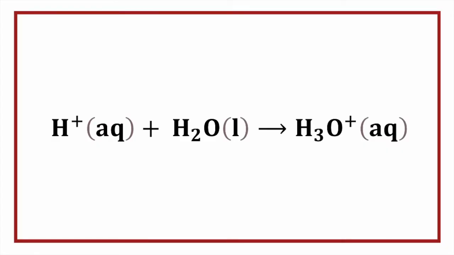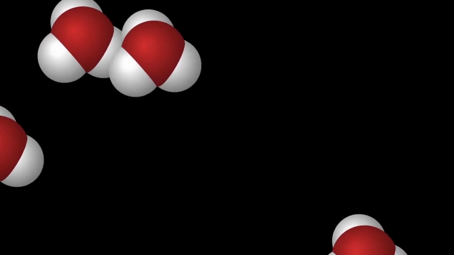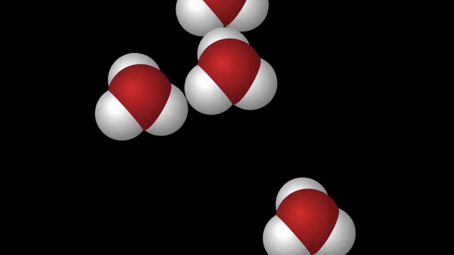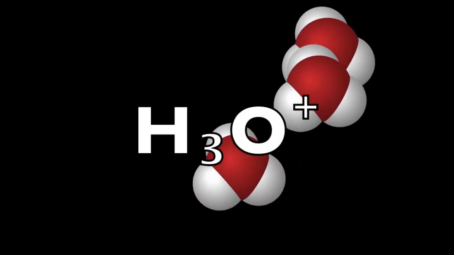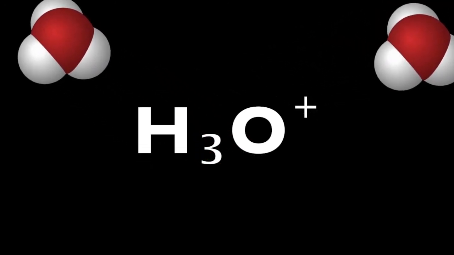We have our hydrogen ion or proton, and it will combine with the water molecule to make hydronium, H3O+. Hydronium ions form almost immediately when an acid dissociates in water. So, although we sometimes use H+ in our equations, H3O+ is really more of an accurate representation of what's going on.